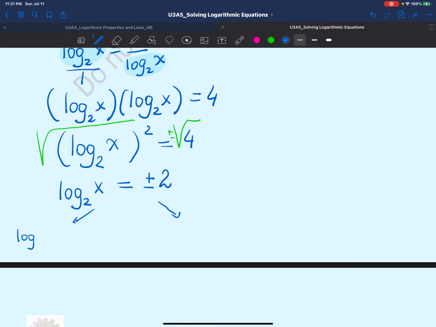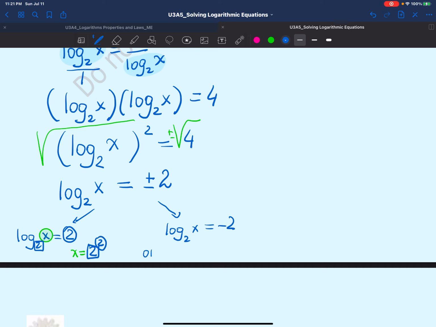Either log with base 2 of x equals positive 2, or log with base 2 of x equals negative 2. To solve for each equation, we will have to use the log properties again. So we'll say x would equal 2 to the power of 2. So this is the base 2 to the power of 2.